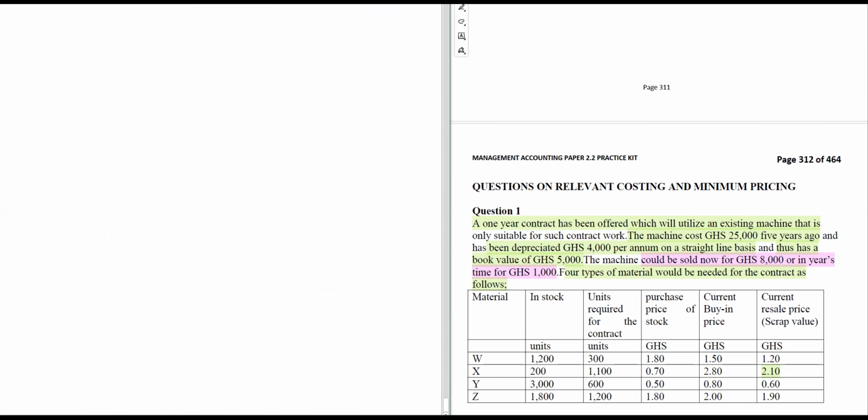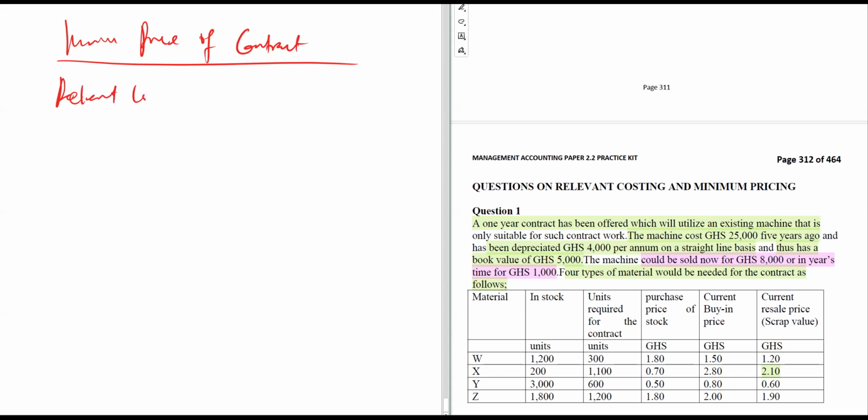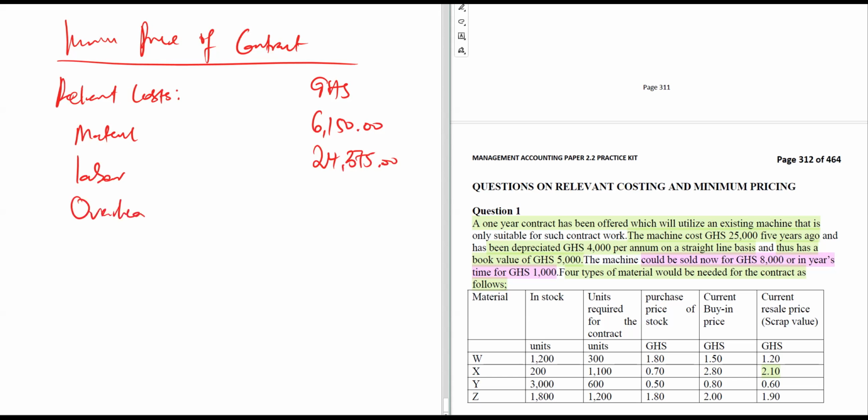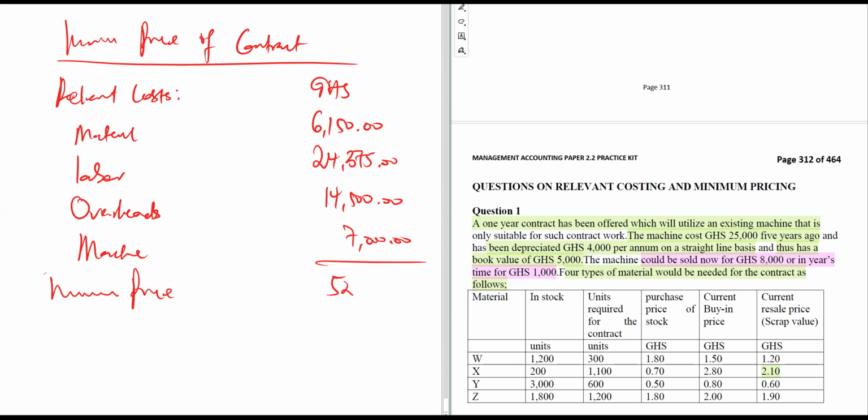So let's get the minimum price of the contract. What's the minimum price? 52,025. Okay.